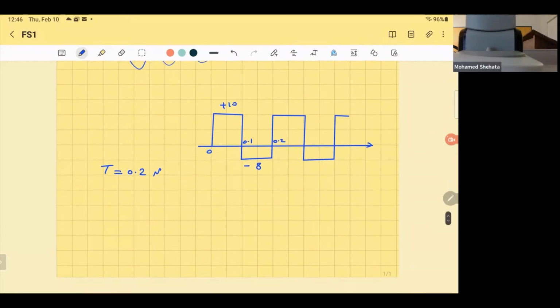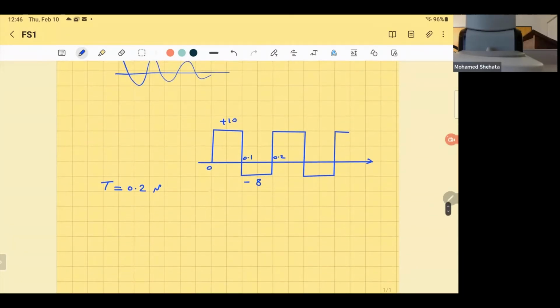Plus 10, minus 10, the same, 0.1, 0.2. T is equal to 0.2.